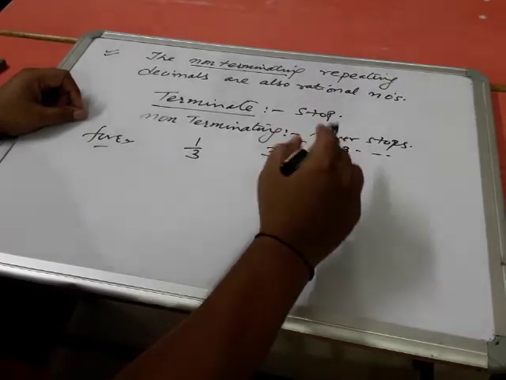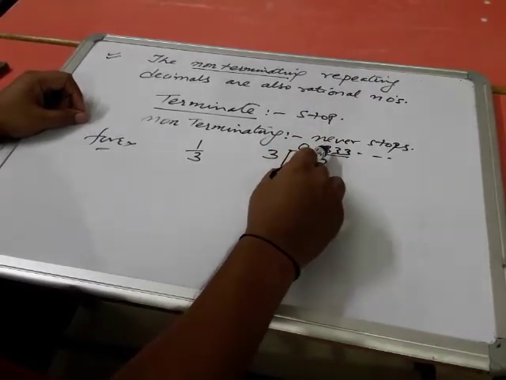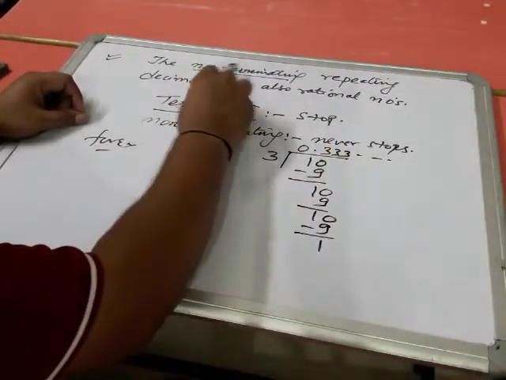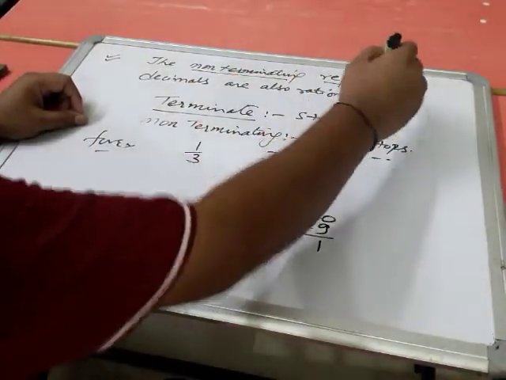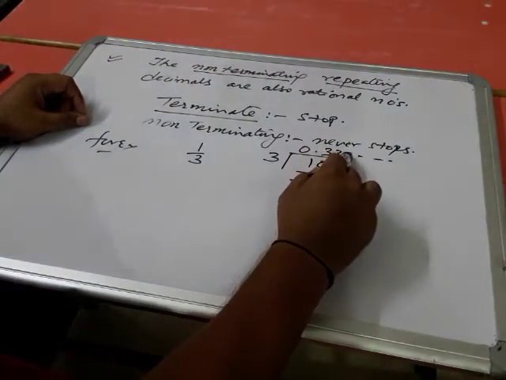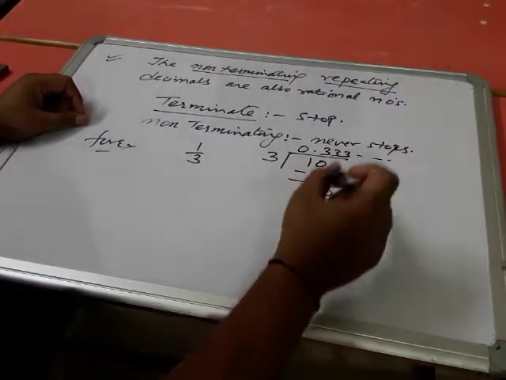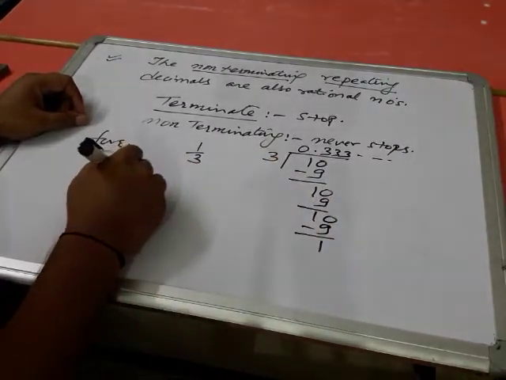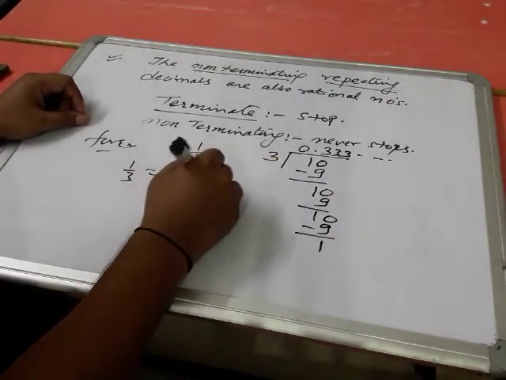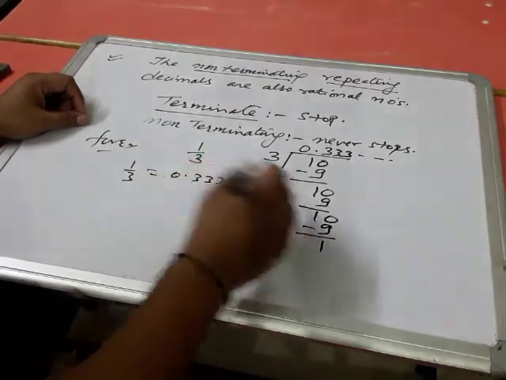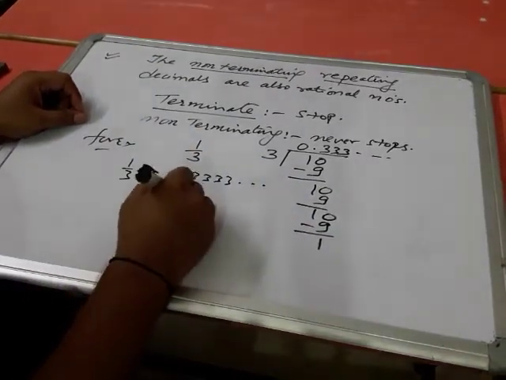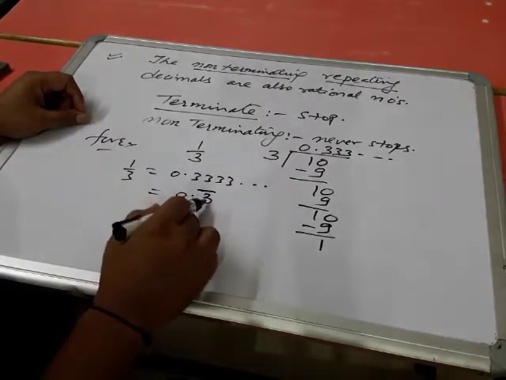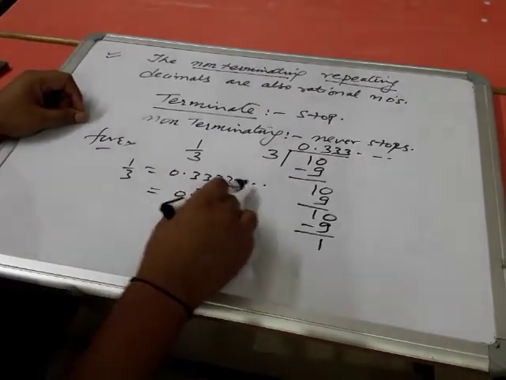It never stops. But what we observe is that the digits after the decimal are repeating. So non-terminating and repeating means that the same digit occurs every time. There is a pattern of repetition. So 1 upon 3 can be written as 0.333 and so on. It never ends. So we write it in the form of 0.3 bar. Bar represents that this 3 is repeating.